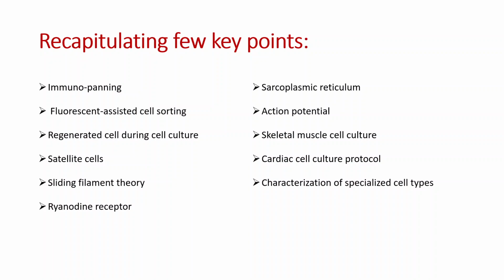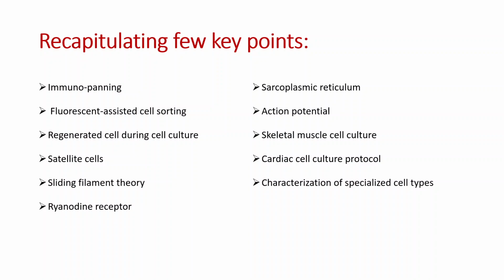Next, regarding the skeletal muscles, we have discussed the different characteristic features of skeletal muscles, and in relation to that, we have discussed the sliding filament theory, which is a theory used to explain the mechanism of muscular contraction of the skeletal muscle cells. We will see in detail what this sliding filament theory is in our upcoming slides.